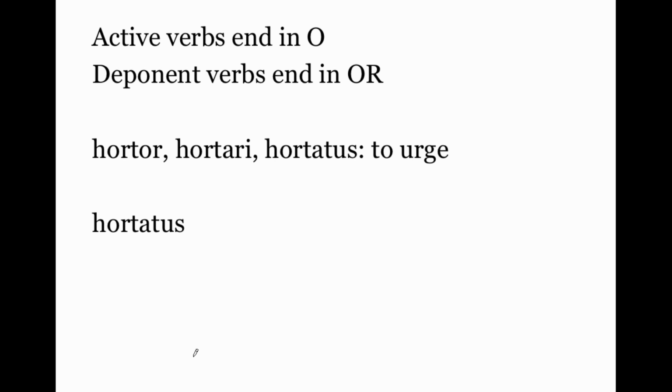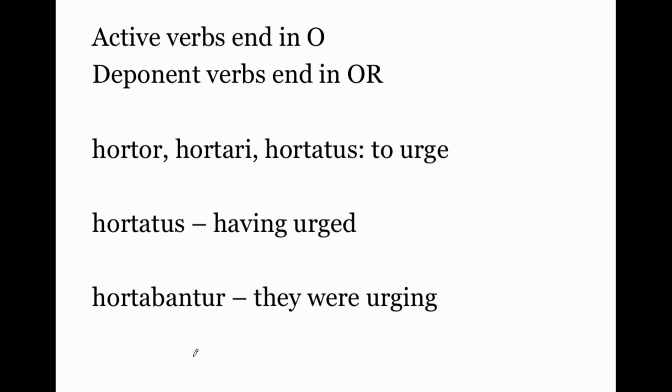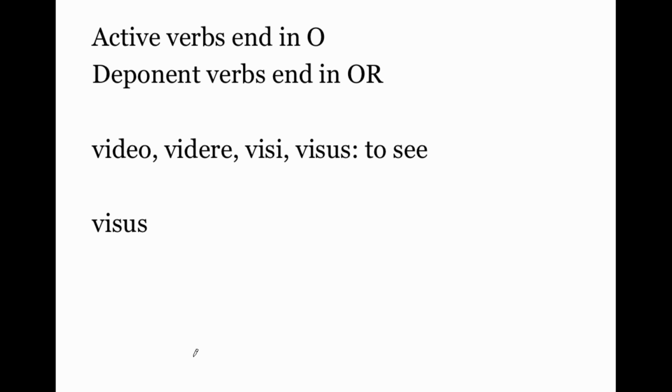Hortor, hortari, hortatus. So hortatus, past participle, having urged. No active endings, only these passive endings. Hortabantur, they were urging. Video, videre, vidi, visus. How do I translate the past participle?